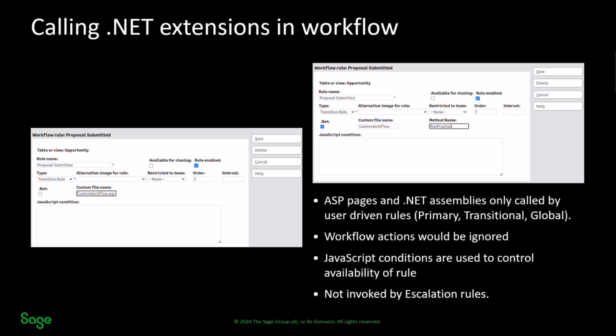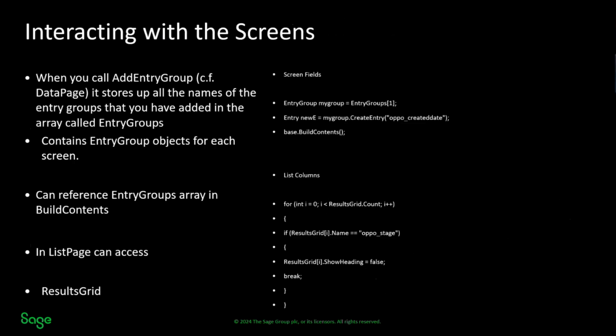So you could have a workflow action that calls a DLL, that processes everything, and then redirects after the end of whatever your action is back to a standard entity page. So that could be your custom DLL, or it could actually be a system entity as well, just because we've got this dispatch that you can use.